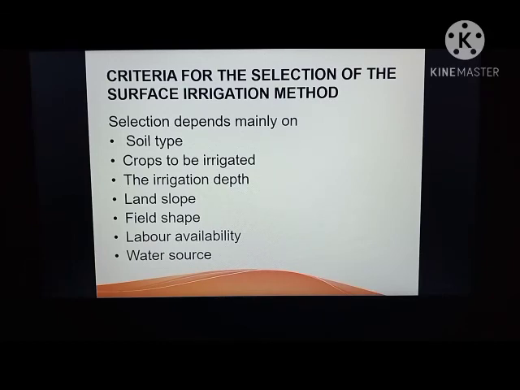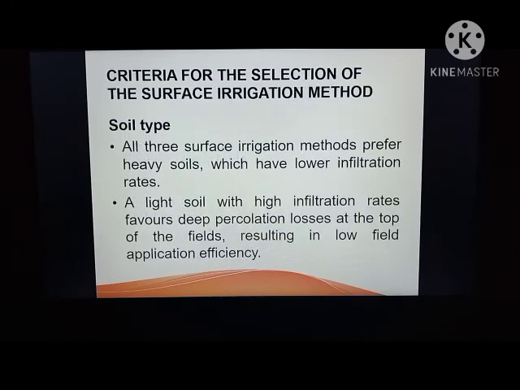Next is the criteria for the selection of the surface irrigation method. The selection depends mainly on soil type, crops to be irrigated, irrigation depth, land slope, field shape, labor availability, and water source. First one is the soil type.